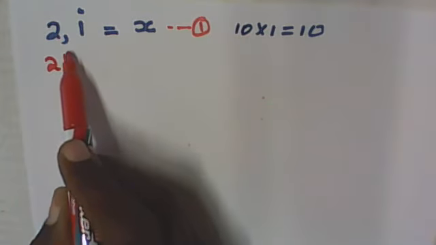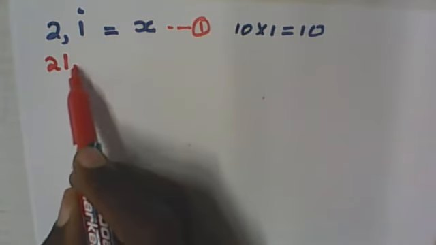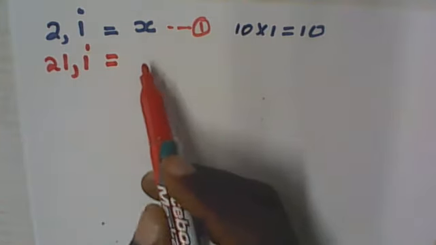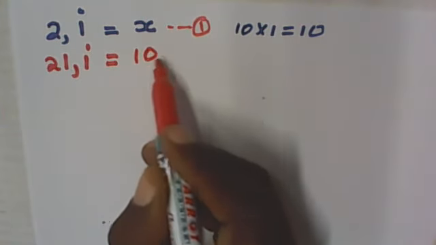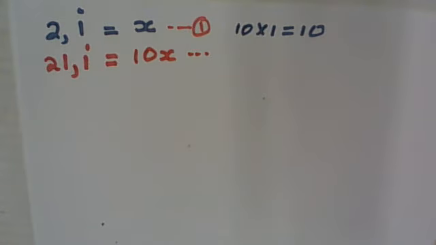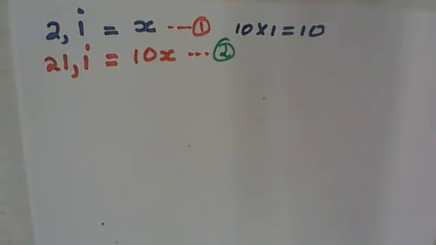That will give you 21.1 recurring, remember, we move one digit to the right, which is equal to 10x. This becomes our second equation.